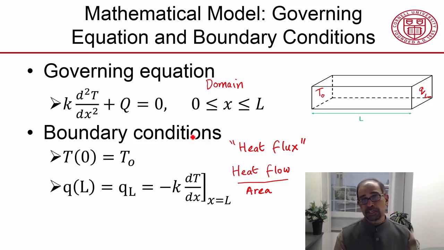Governing equation plus boundary conditions is called a boundary value problem. So let me write that down because it's a very important idea. So this is called a boundary value problem.